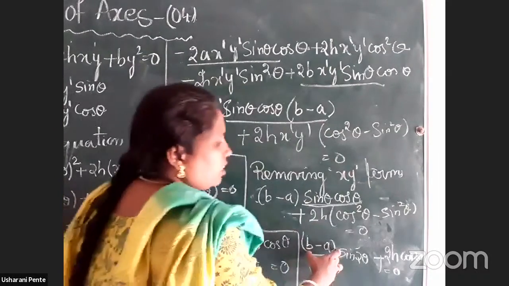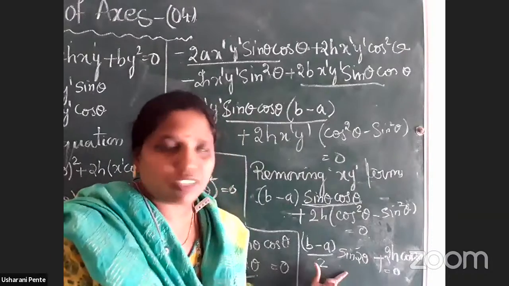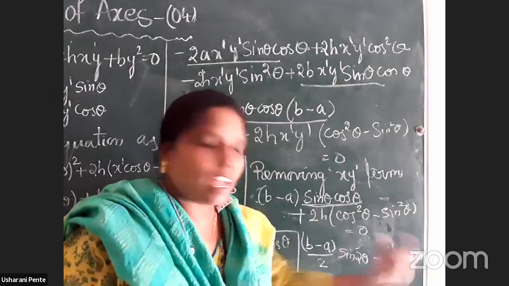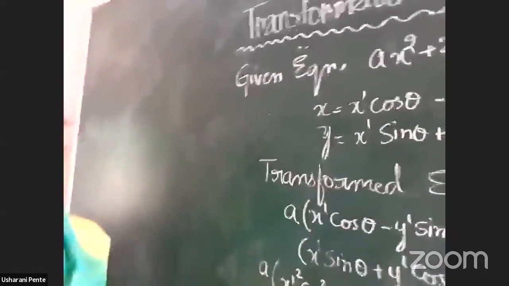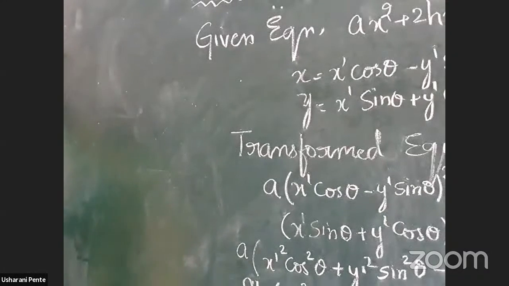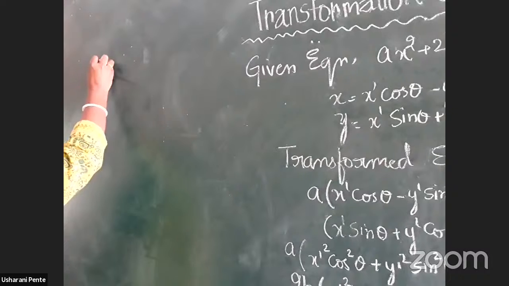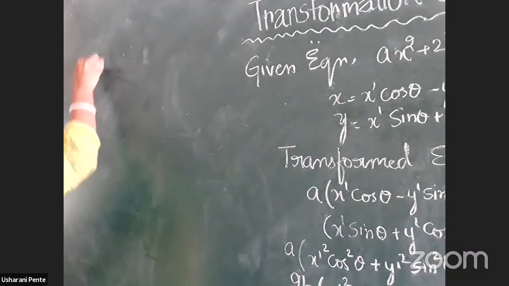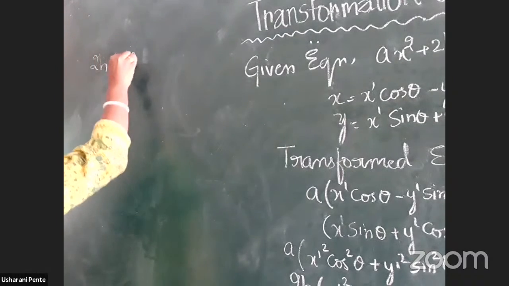Now I am shifting this whole term to the other side. So what will I get? We'll get 2h into cos 2 theta.